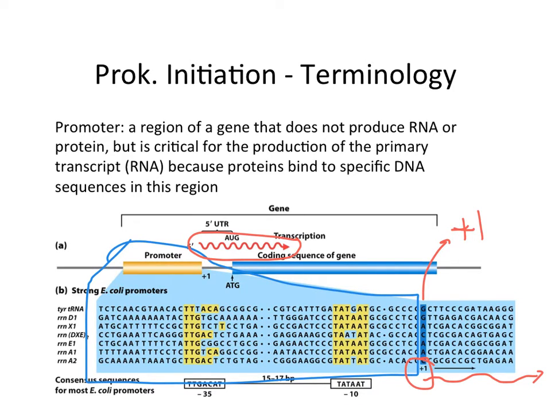Everything here in yellow, what's the point about all these highlighted nucleotides in yellow? These are all upstream, or to the 5' direction from where these genes all were transcribed, the +1 nucleotide. Why are these highlighted in yellow? What does it mean to be a consensus sequence?